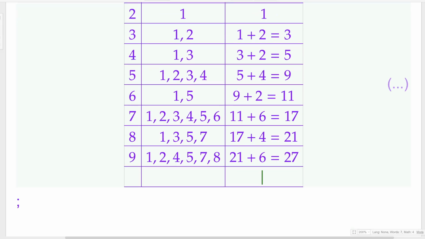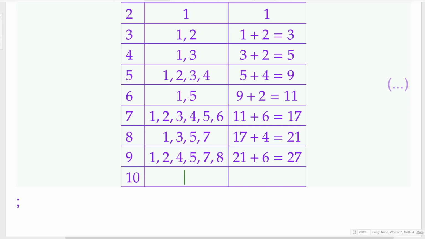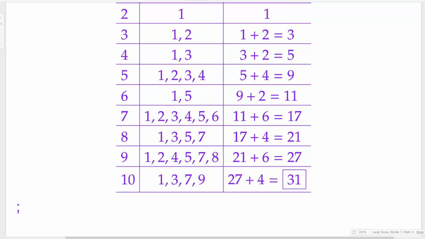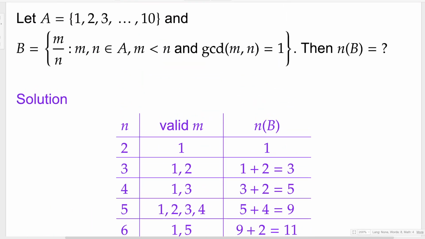And finally for 10, the allowed values would be 1, 3, 7, 9. So this becomes 27 plus 4, that is 31. So 31 is the desired answer. We'll mention the answer is 31. So there are 31 such elements in this set B.